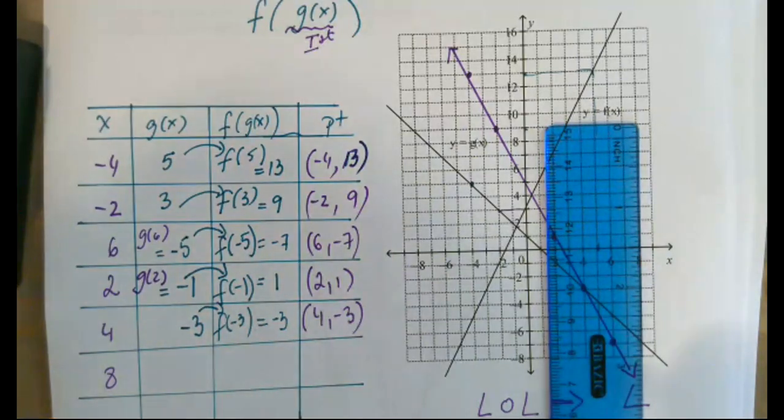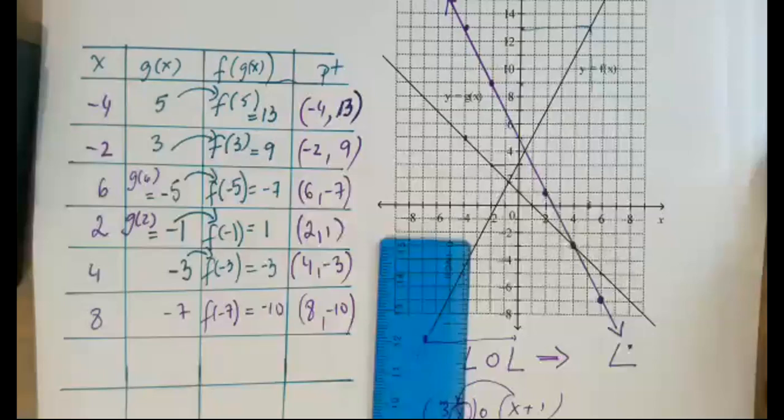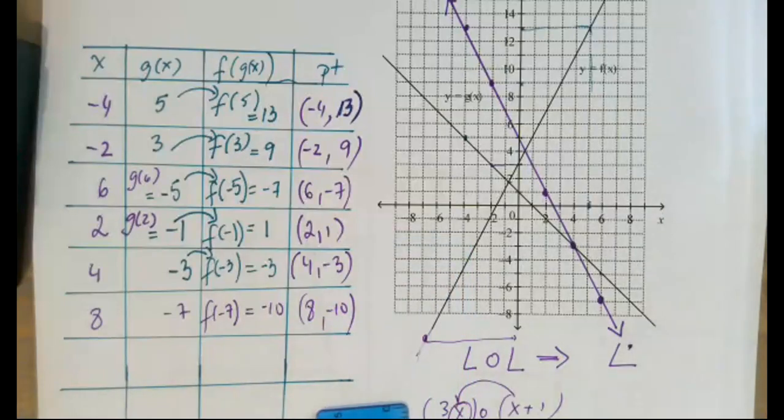Then I have f of -7 equals... Anybody else wants to try another one?